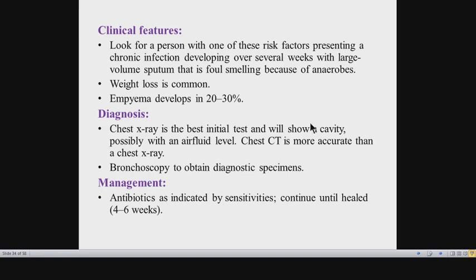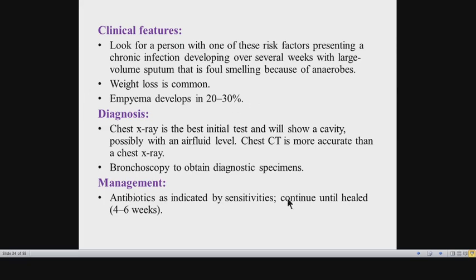Other possible causes include tuberculosis, bronchogenic carcinoma, and pulmonary infarction. Pulmonary vasculitis, for example in Wegener's granulomatosis, can also cause lung cavitation. Also in fungal infections, there might be lung cavitations as well. So there are multiple causes of lung cavitation. One of the possible differential diagnoses of lung cavitation is lung abscess.